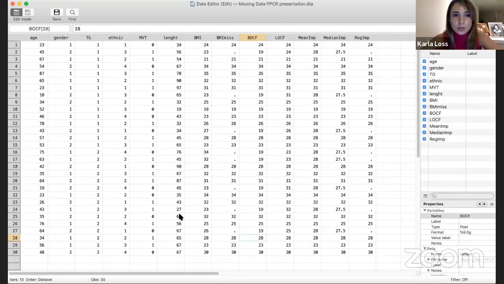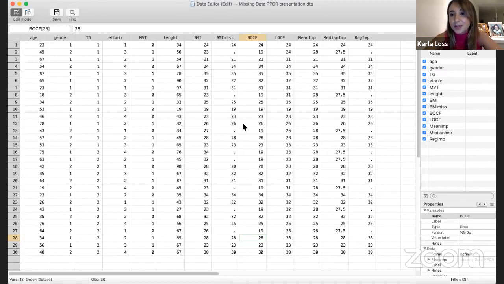A student has a doubt regarding the baseline observation carry forward, because you added 19 in all the missing data, and they thought that it's the baseline for each participant. For example, if the baseline BMI of participant 2 was 20, you should add 20, so each participant would have a different baseline.